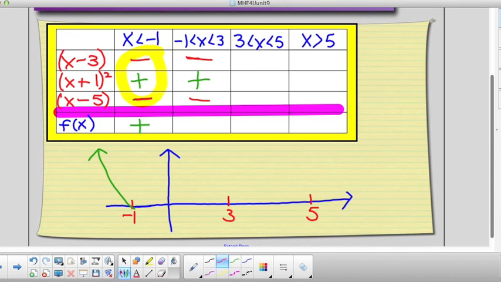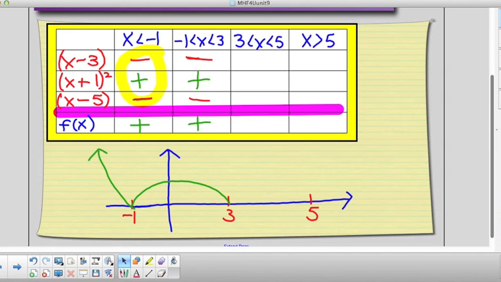Same thing: my graph is going to be positive between -1 and 3. That means it's going to remain positive, like this. It's not going to go underneath; it's going to stay concave up, in the positive region.